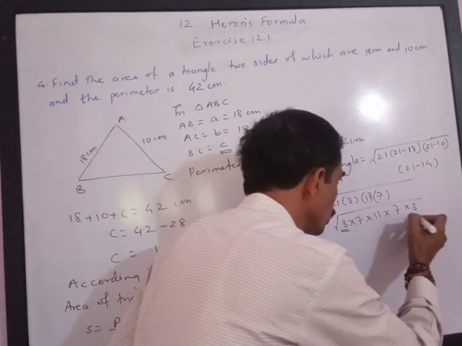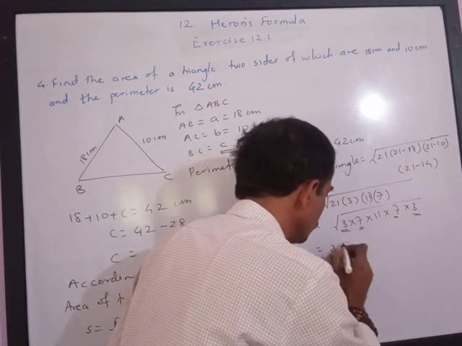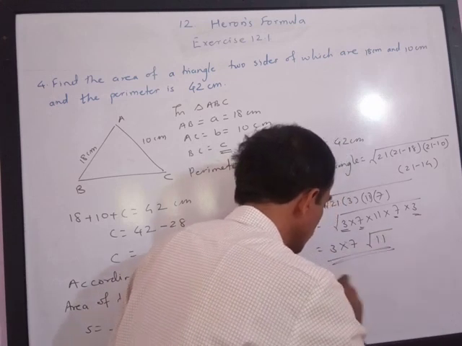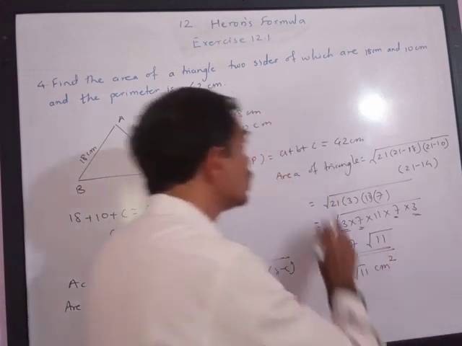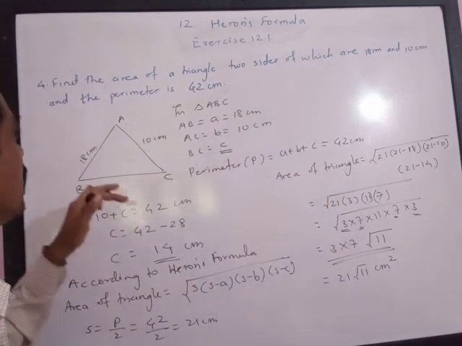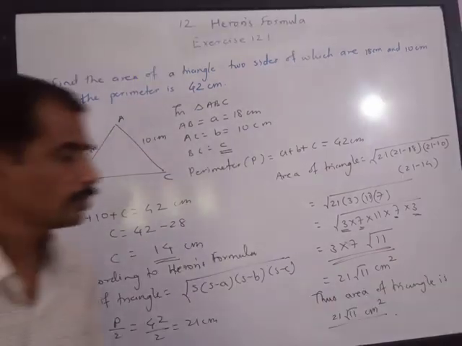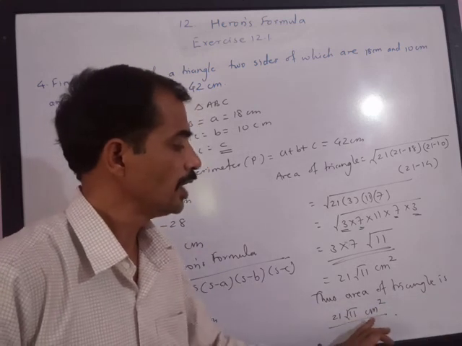So from these two 3s one will come out. From these two 7s one will come out. And 11 will remain inside. So the answer is 21 root of 11 centimeters square. The last answer must be written in words. Thus the area of triangle is 21 root of 11 centimeters square.